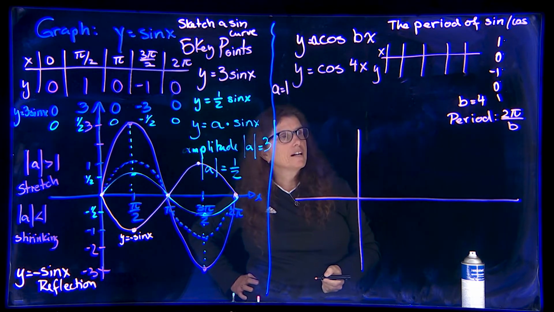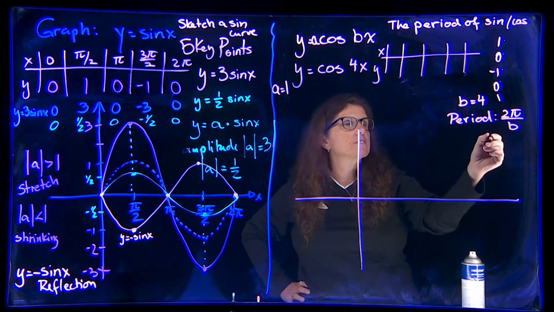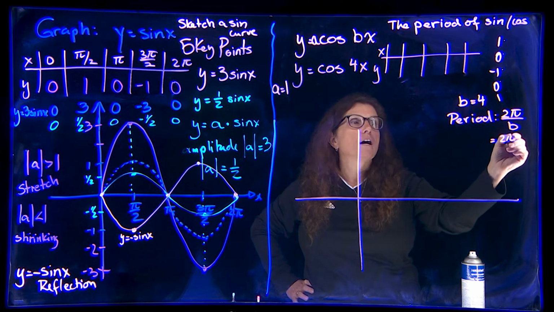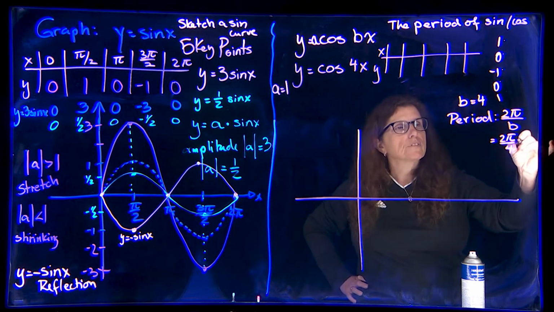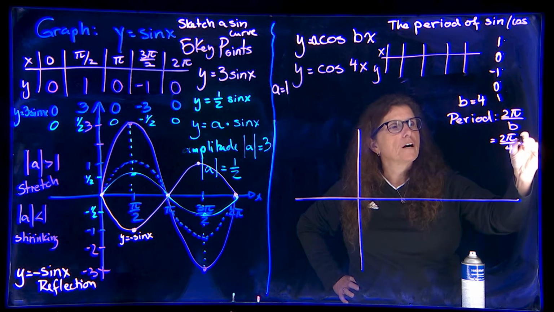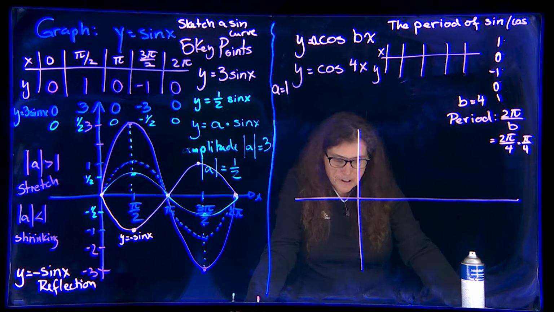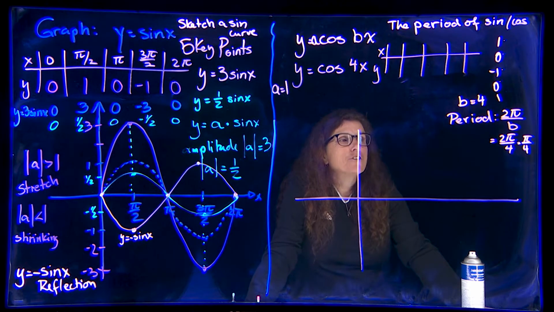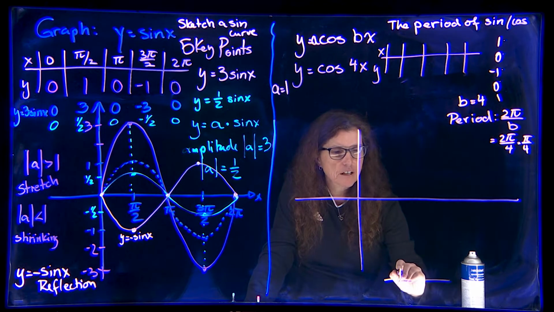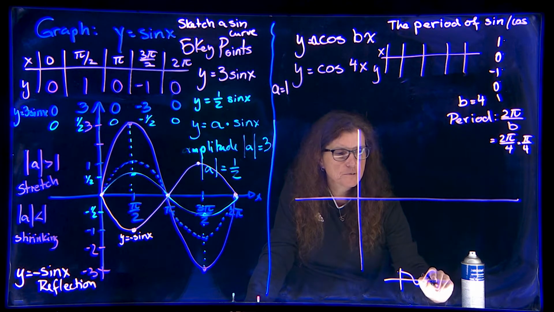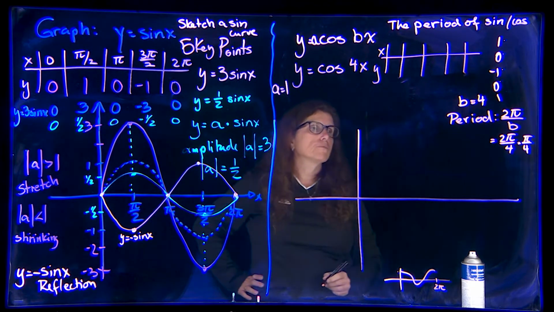So in this case, we have 2 pi divided by 4. If you reduce it, that gives you pi over 4. So 1 period is pi over 4. Instead of 2 pi, 1 revolution, like we have with a basic cosine, now 1 revolution would be pi over 4.